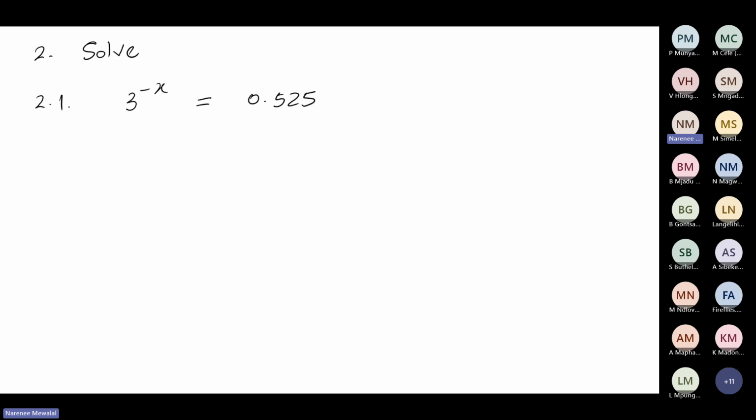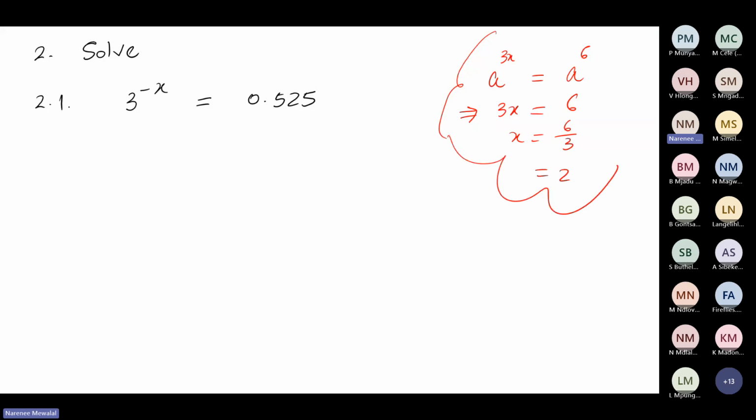So you know that in your exponential equations, normally, if you have a base to some power, for example, a to the power 3x is equal to a to the power 6, then you know that if the bases are the same, you can drop off the bases and say that implies that 3x is equal to 6, and your x is equal to 6 divided by 3, which is equal to 2. I've just used this example to explain.